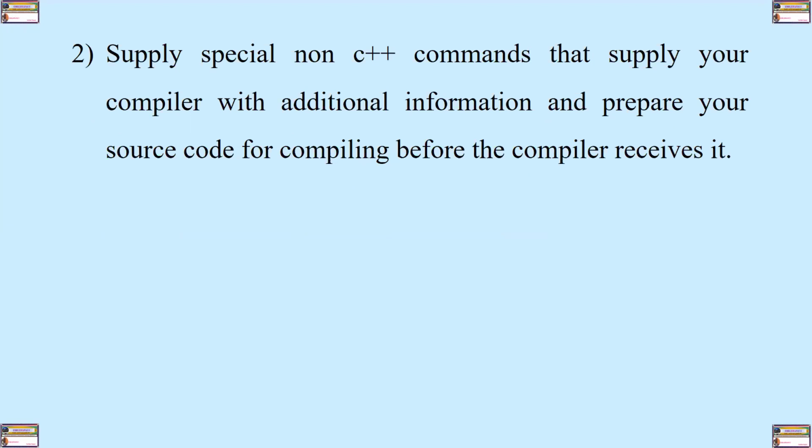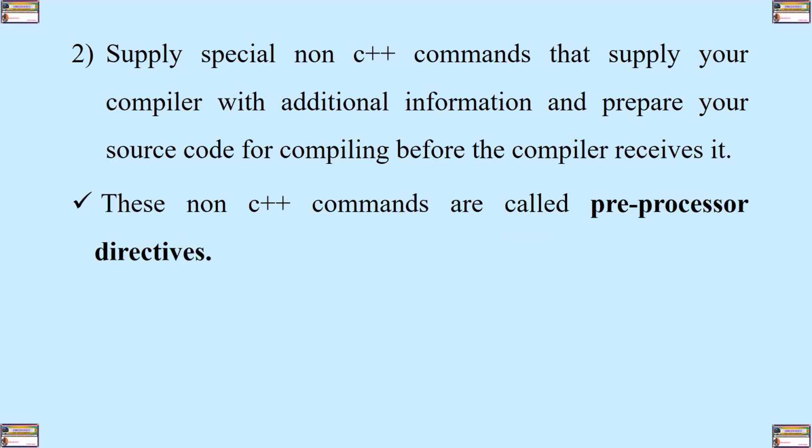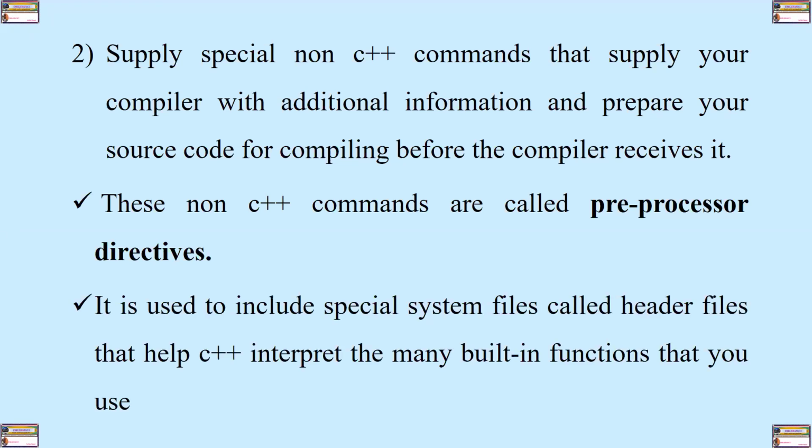Number 2, always supply a special non-C++ command that supplies your compiler with additional information and prepares your source code for compiling before the compiler receives it. These non-C++ commands are called preprocessor directives.